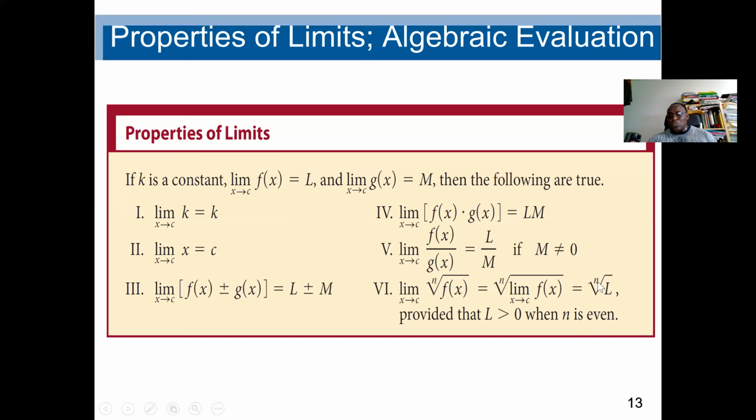Then we find the nth root. But here, why do we say L? Because we are already assuming that the limit as x approaches c of f at x is equal to L. So we have the limit as x approaches c of f at x is L, then the nth root of L.